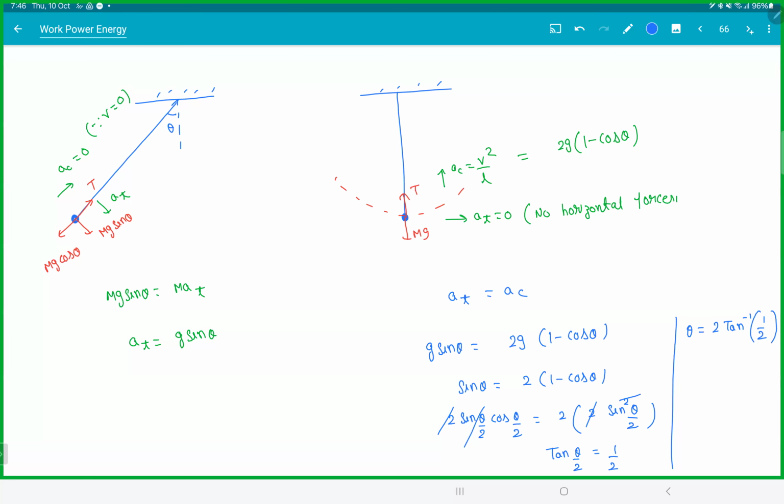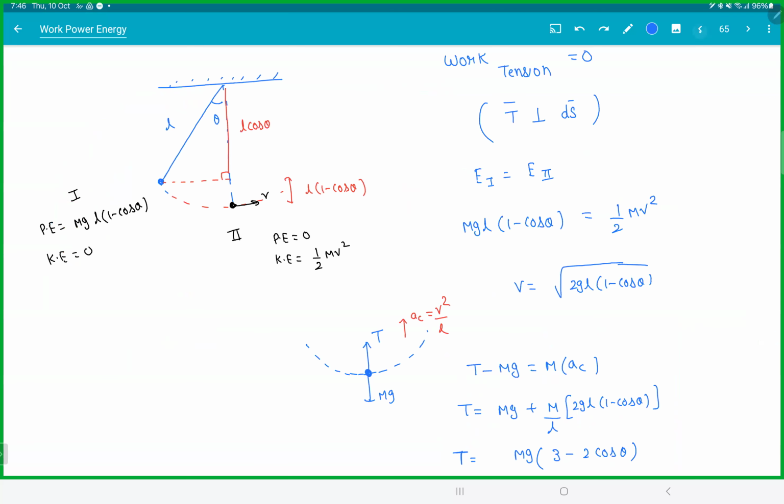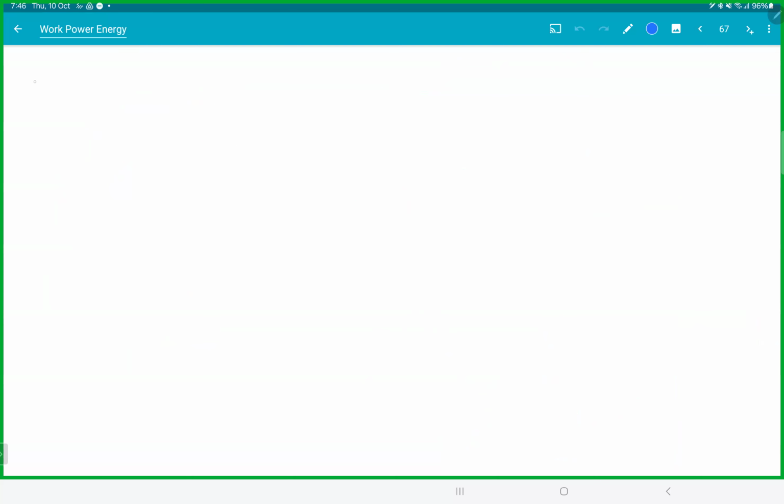Let's see one more. Turn the page. This is fixed here. This is a mass M, length L. This string is released from the horizontal position.